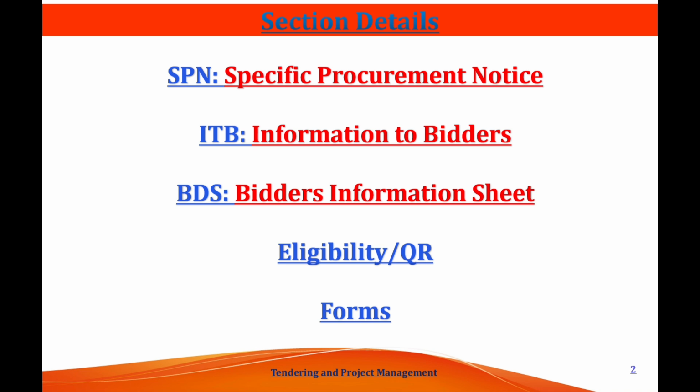To judge whether the bidder is going to fulfill or not, the client will give some specific forms, or the bidder has to fill those forms and they have to attach the proofs also. So this is what the form section is all about.